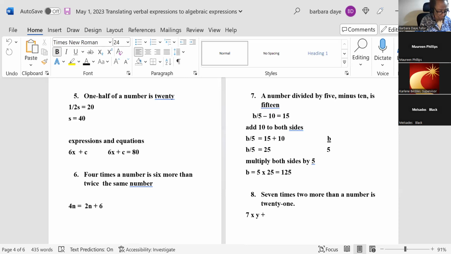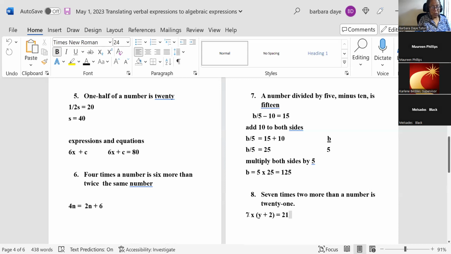2 more than a number. So to that number, you're adding what? 2. Okay. Now, since it says 7 times 2 more than a number, you need to put that in parentheses, right? Because it says 2 more than a number. All right. Now, is would be what? Equal. And what is that equal to? 21.